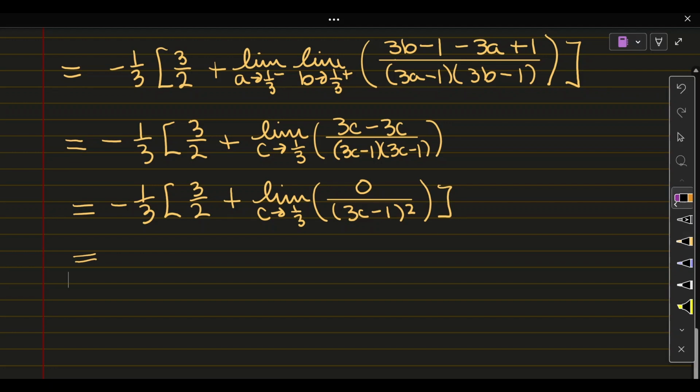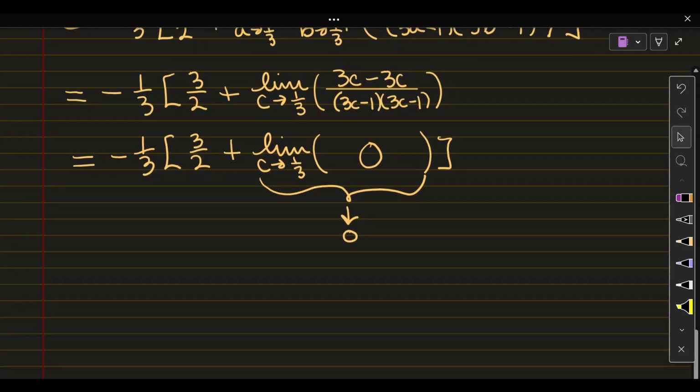Things will cancel out. So this guy will just go to 0 because what we really have here is 0. Okay, so we can rewrite this now as negative 1/3 times 3/2. And these 3's will cancel, and I'll be left with negative 1/2.